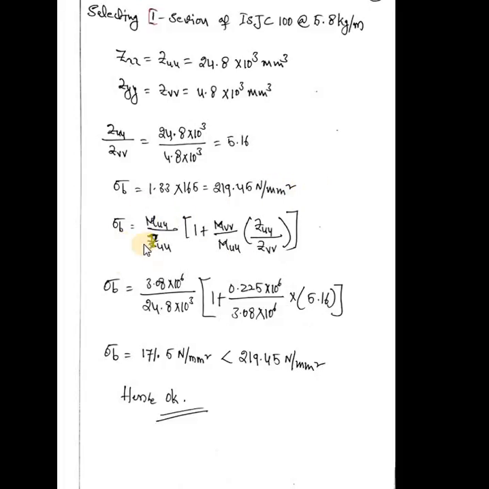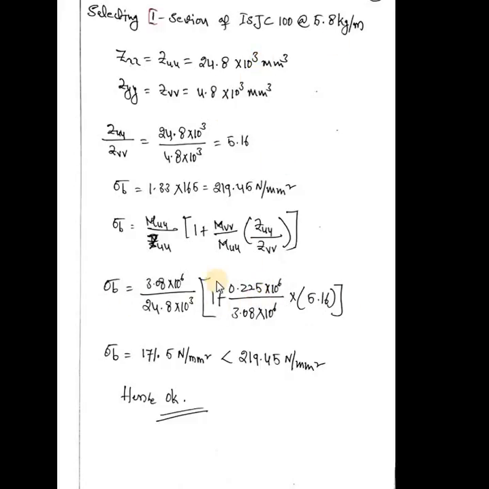Coming to the calculated value based on our moments, sigma B is equal to MUU by ZUU into 1 plus MVV by MUU, ZUU by ZVV. For this ZUU by ZVV value, we now substitute the ratio as 5.16 instead of 7. Then only can we cross check whether our selected section satisfies the bending stresses or not.